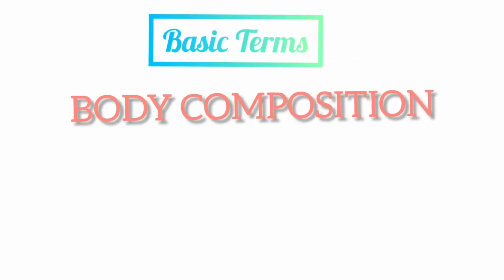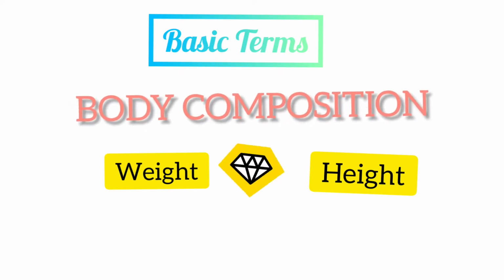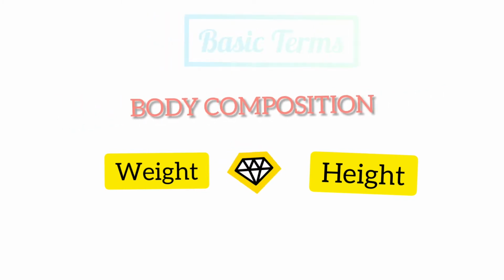By doing the physical fitness test, we are to remember the basic terms, such as body composition, weight, and height. Body composition is the body's relative amount of fat to fat-free mass.